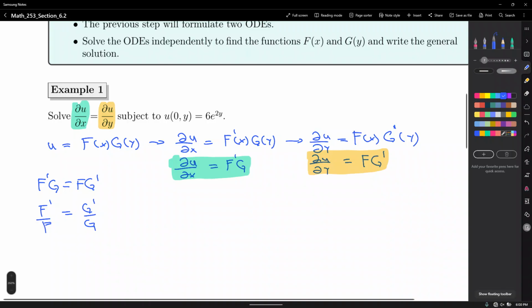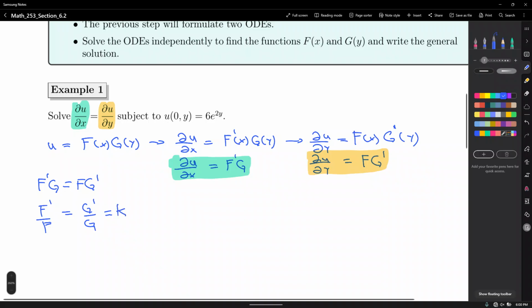No, because that'll give us independent f and independent g with respect to x and with respect to y independently. But we want a single solution. So that's why we need to expand the equality and let this be equal to k.